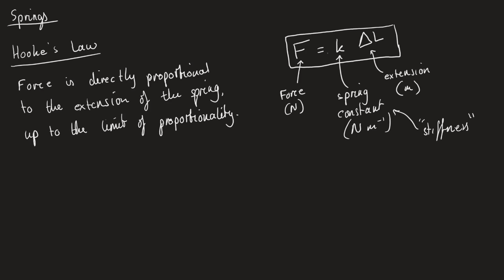So I'm going to go through it very quickly, just to give you a rough idea of how we do it, and then I'll go through it more thoroughly when we go through the practicals. Okay, so let me move up here and let's look at measuring the spring constant.